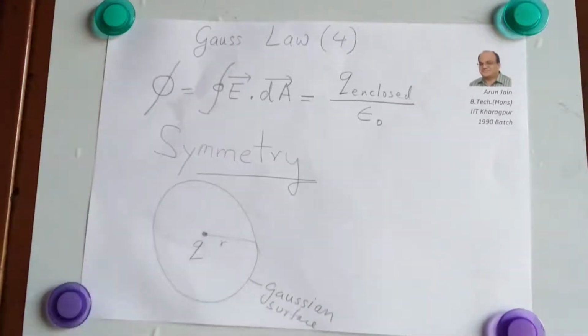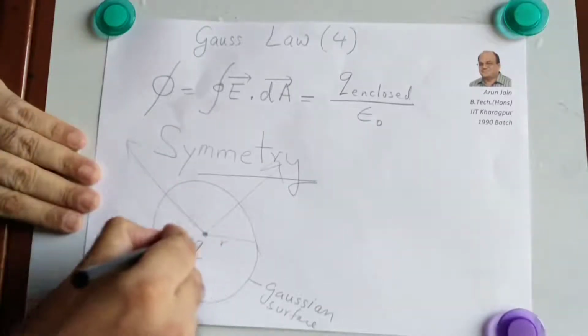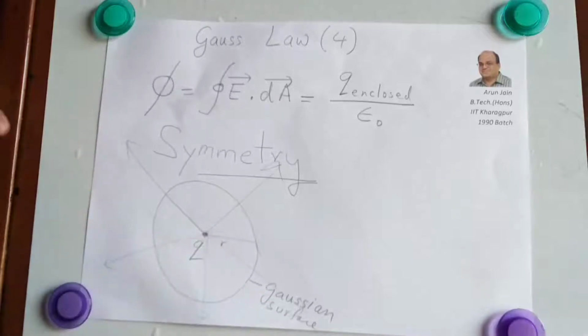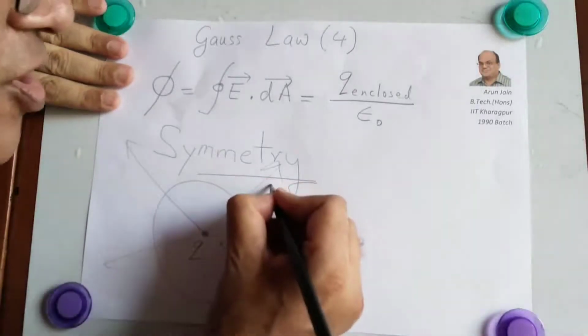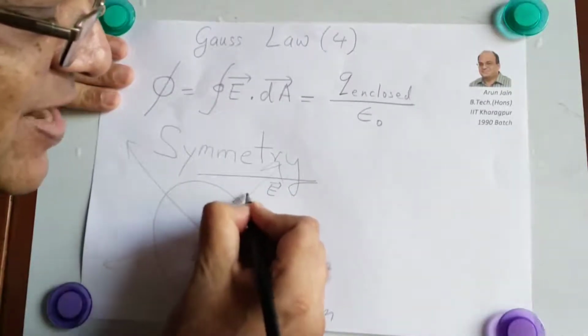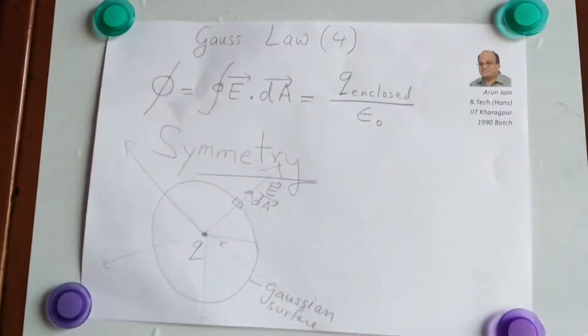Everywhere on the Gaussian surface, a 3D spherical surface, not circular, it's 3D spherical. At every point on the Gaussian surface, electric field will be radially outwards. Okay, this Q is positive, so electric field will be radially outwards. At every point on the Gaussian surface, the area vector, dA vector, also will be radially outward because the surface is spherical.